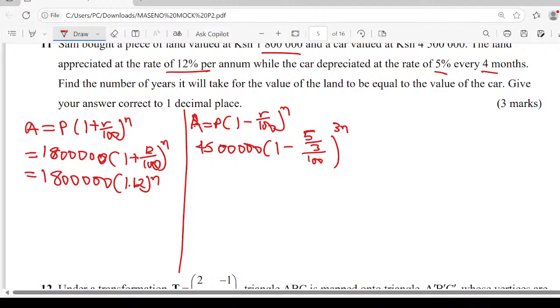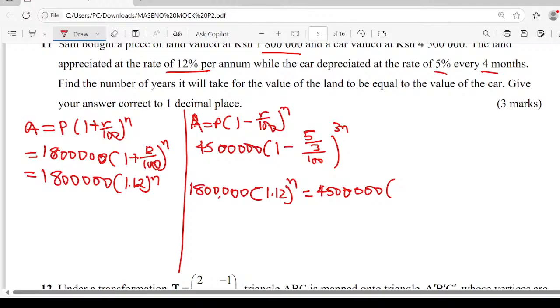So we are trying to see when these two amounts will be equal. For them to be equal, it will mean 1,800,000 into 1.12 power n should be equal to 4,500,000 into, when you work this out, because it depreciated.